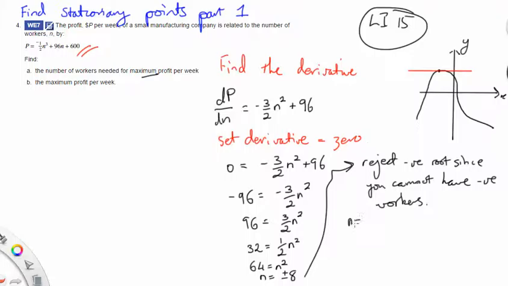So we say N equals 8. Alright, so that's the number of workers needed for a stationary point.